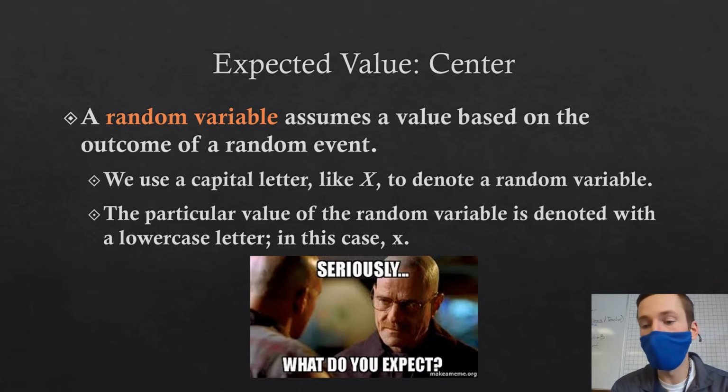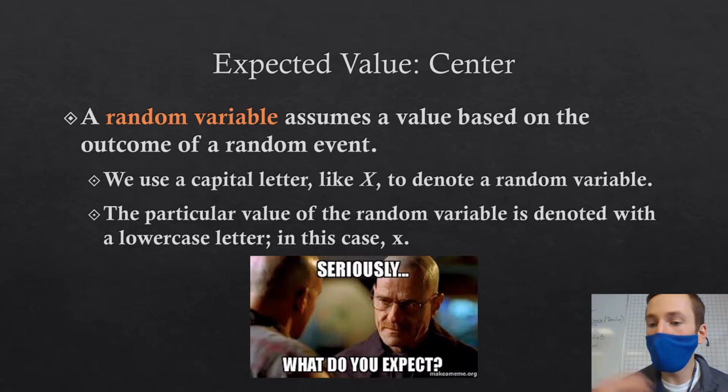So if we want to know what's the probability that we have two siblings, well, the random variable would be the number of siblings that we have, but instead of saying number of siblings is equal to 2, we just denote it with a shorthand like a variable x, for example, a capital letter X. And that can denote what our random variable is equal to.